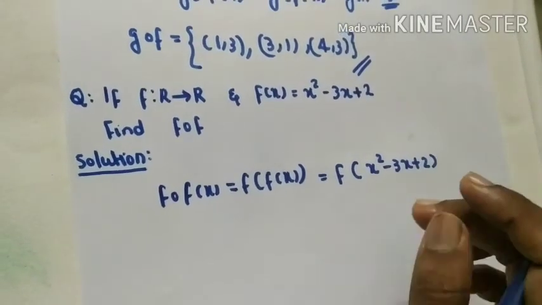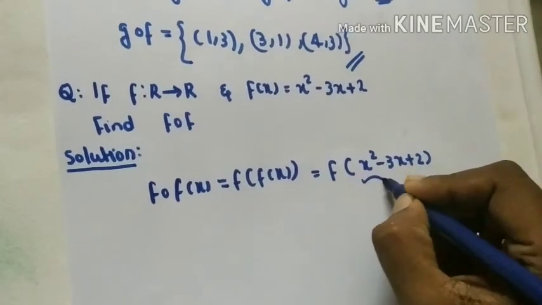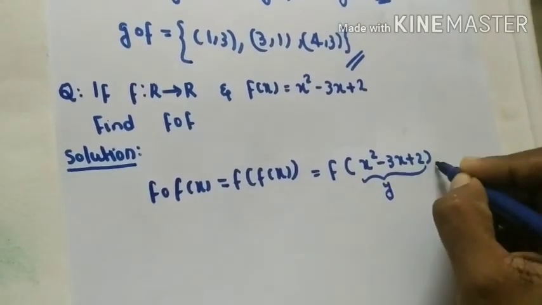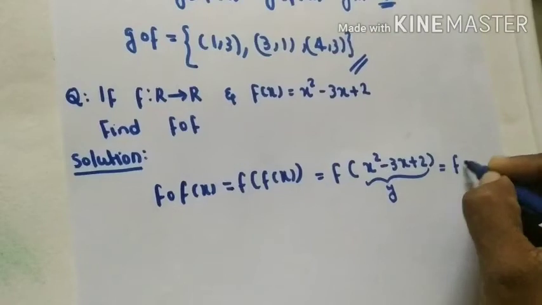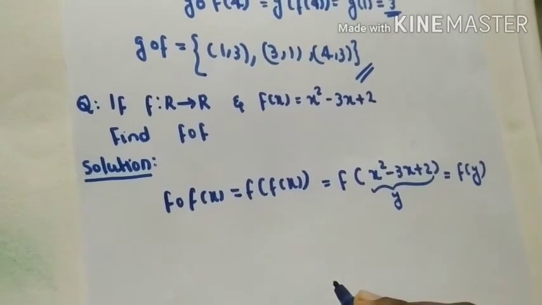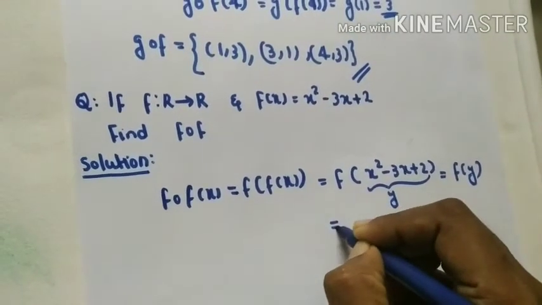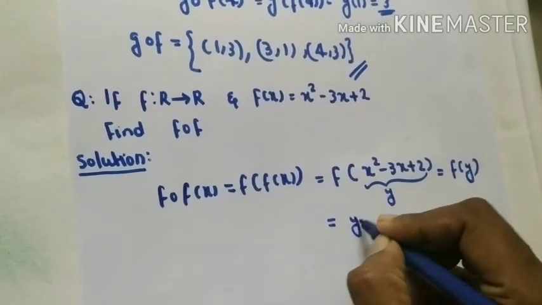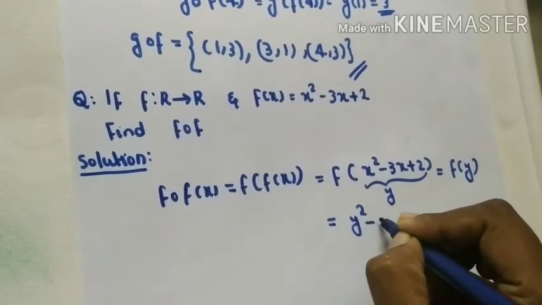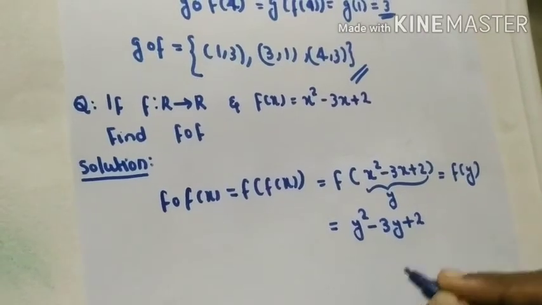Just to understand, let's name it as y, which will be equal to f of y. So our f of y will give us y square minus 3y plus 2.